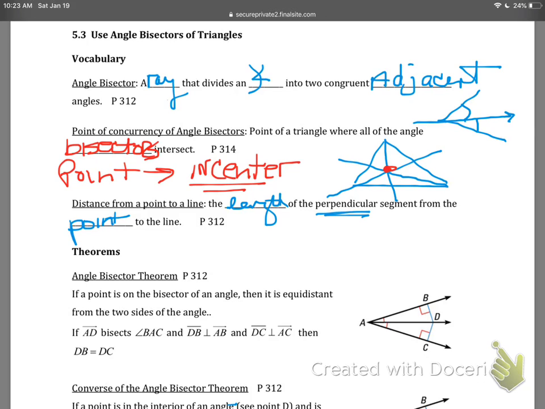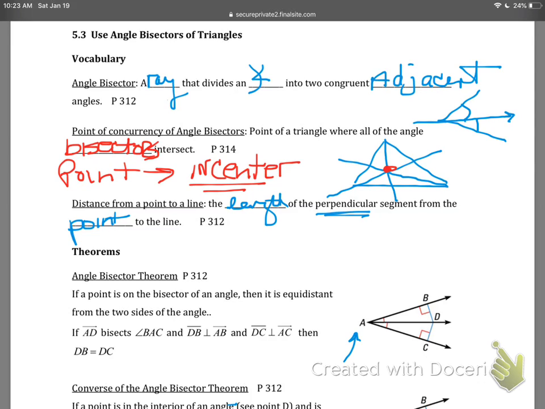So if ray AD bisects angle BAC, so that's this angle right here, and DB is perpendicular to AB, and DC is perpendicular to AC.